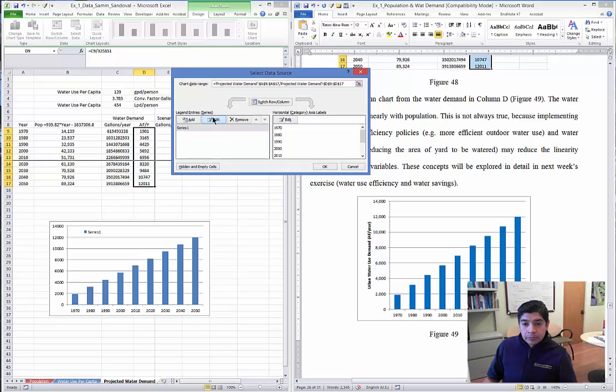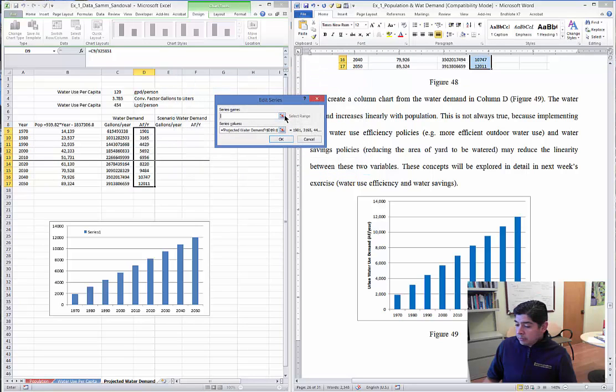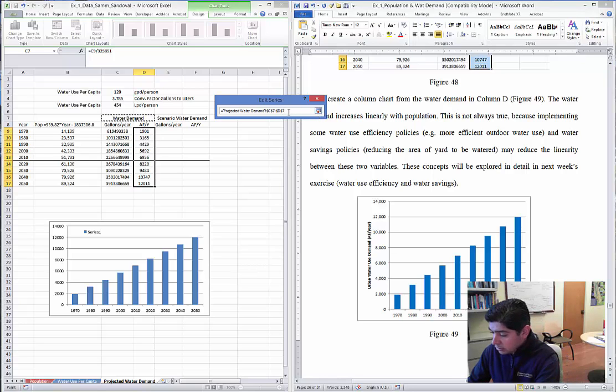Here, as the name, we're going to call it this only water demand, or let's call it current trend.